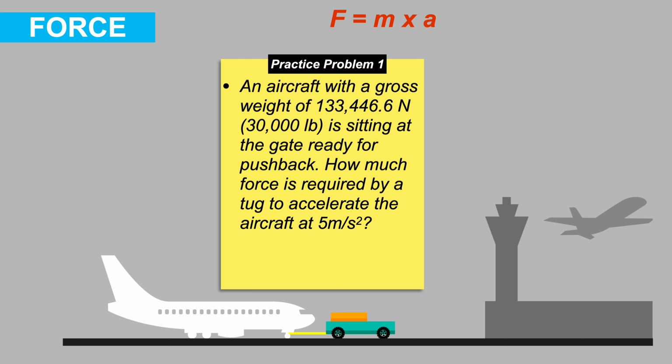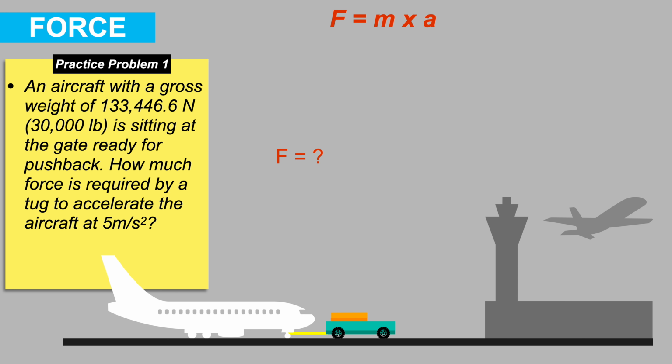First, we need to refer back to the formula for force, and that formula is F equals m times a. F is what we need to find, but to find F, we need to know m and a. We already know a because it's given to us right here, which is 5 meters per second squared. Now all that's left is finding m, and from there we can solve for F.